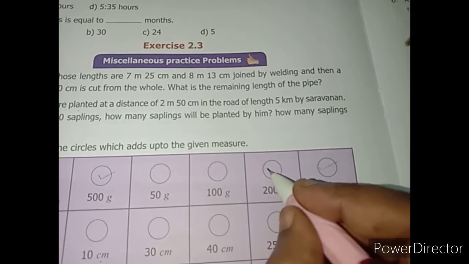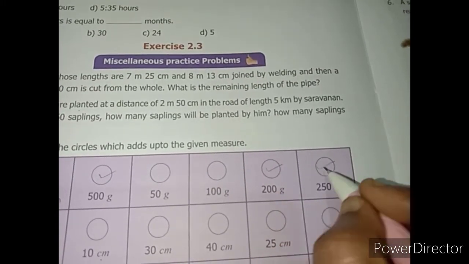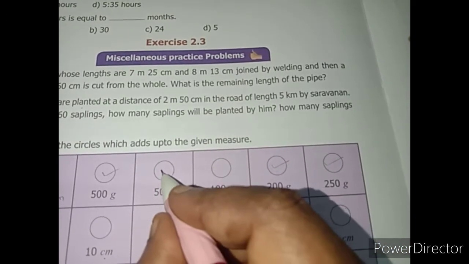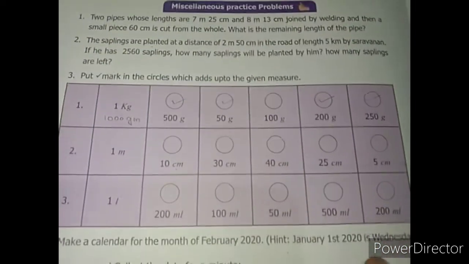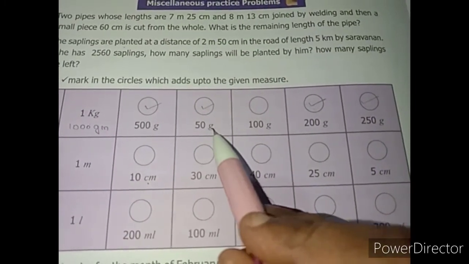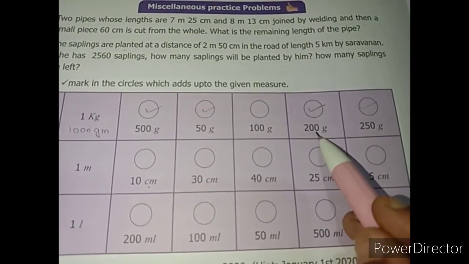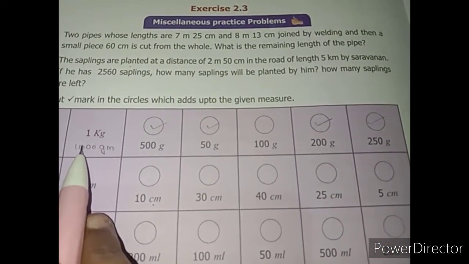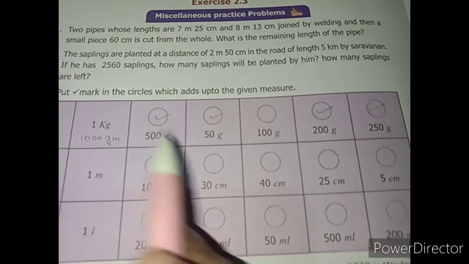Next again 200. It is 950 plus 50. It is 1 kg. Okay, do you understand? 500 plus 50, 550 plus 200, it is 750. 750 plus 250, it is 1000 grams. So that is 1 kg.